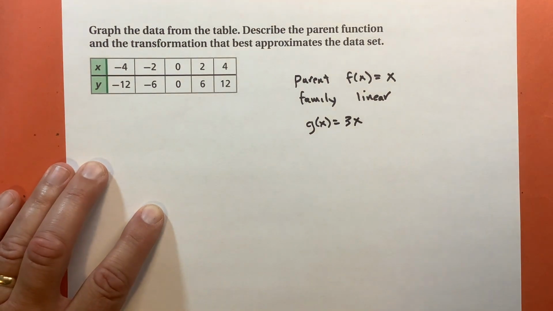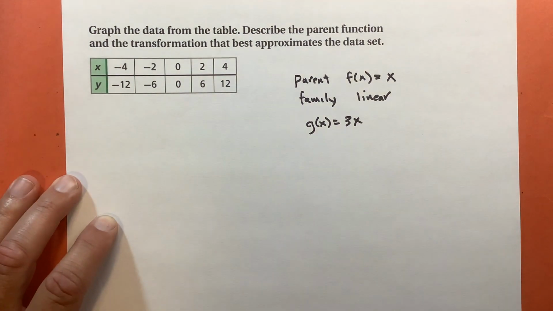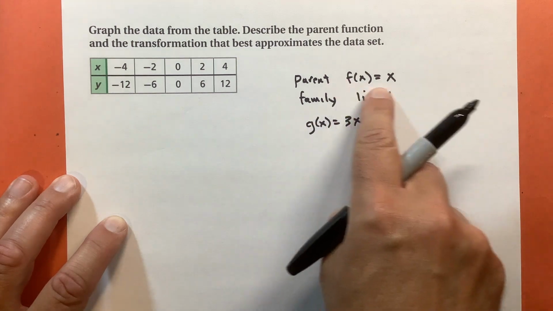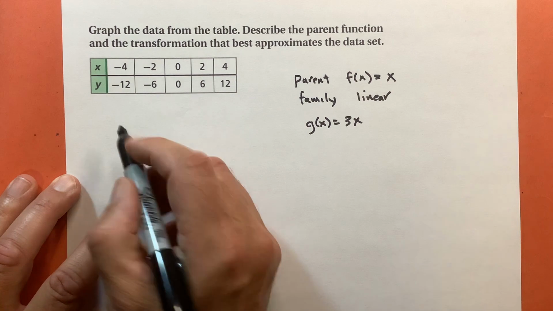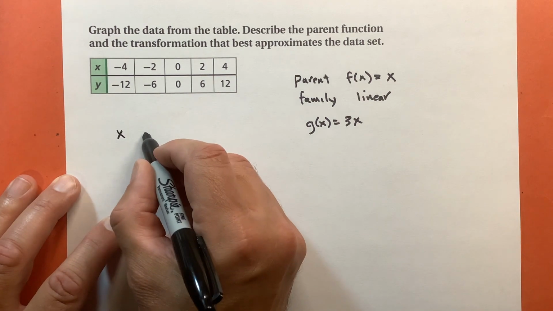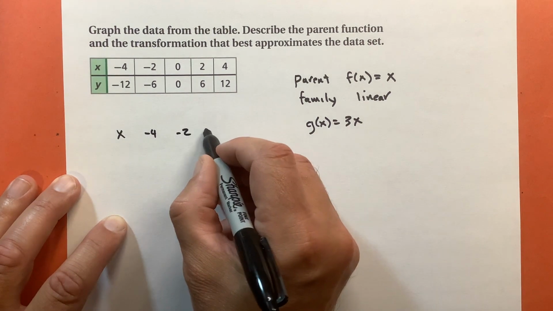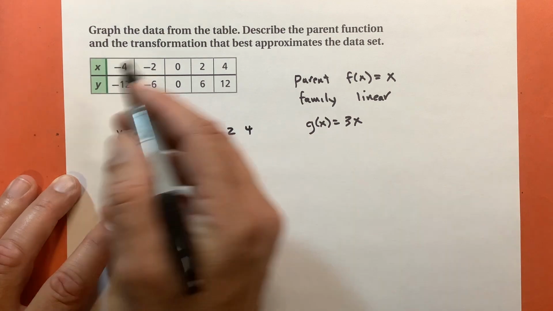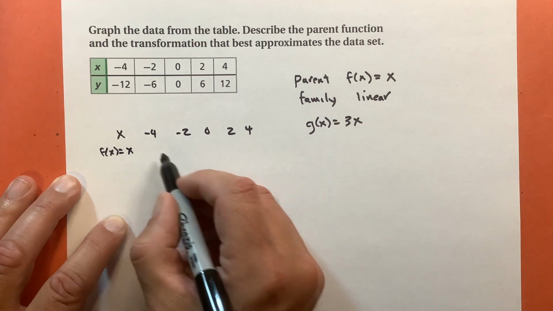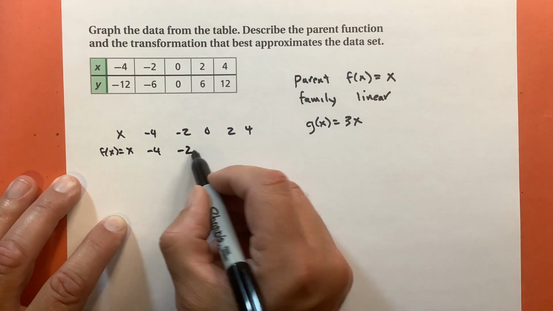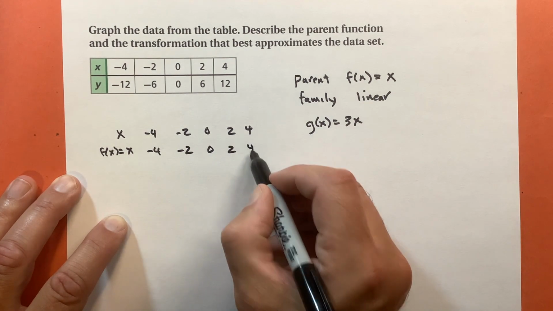Now, without the graph, maybe we can try arithmetic to figure this out. So again, I'm going back to this parent function, f of x equals x. So here's my x: -4, -2, 0, 2, 4. I'm just copying the table. Here's my f of x equals x. So that would just be the same numbers for my output.